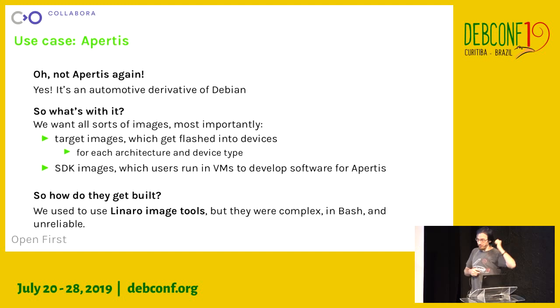Our original approach to building images was to use Linaro image tools. They had lots of downsides. Most important of them was that they were really complex, written mostly in Bash. They were difficult to debug, and they relied on kernel mechanisms like loop devices, which, as it turned out, were not always reliable.